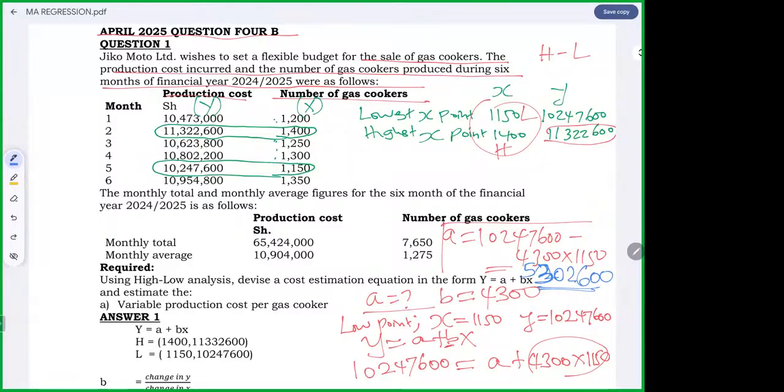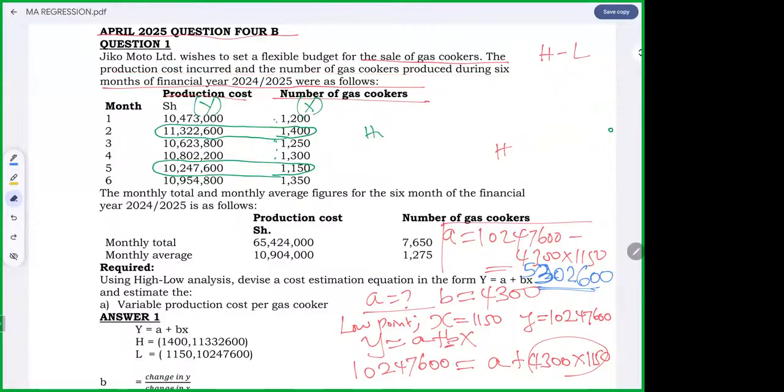So now that you have the value of B and you have the value of A, you simply need to go ahead and write the formula as other students are doing there. Now you have the value of A, you have the value of B. So we know at the end of the day, we are required to come up with an equation of Y equals A plus BX.